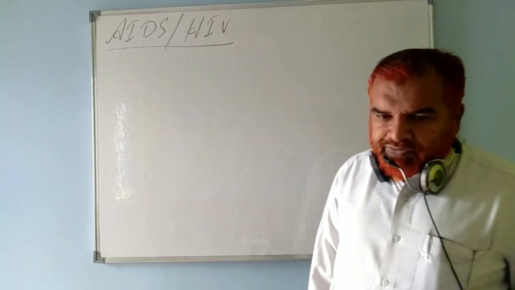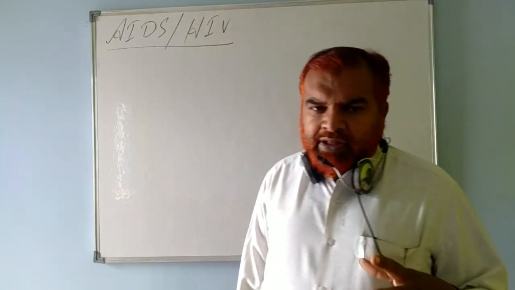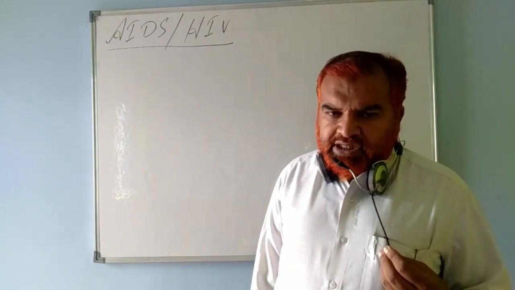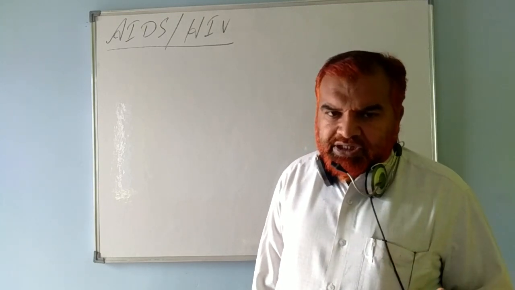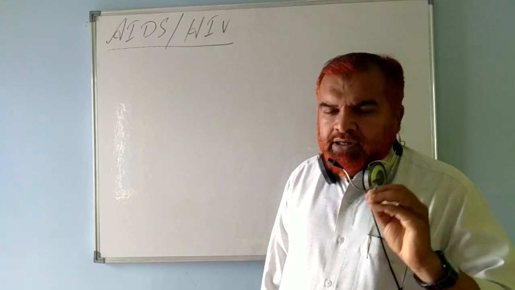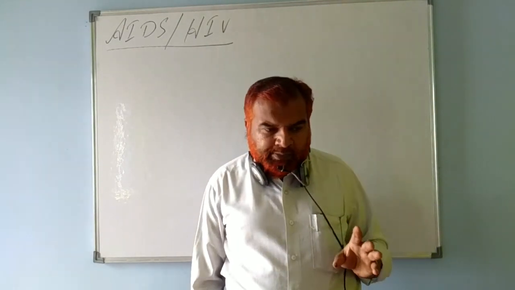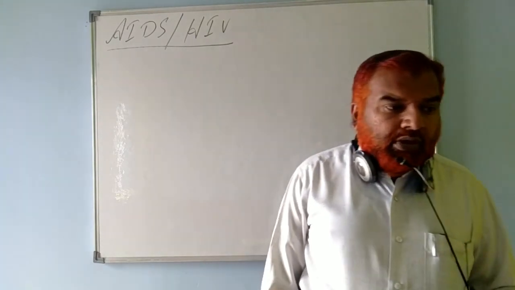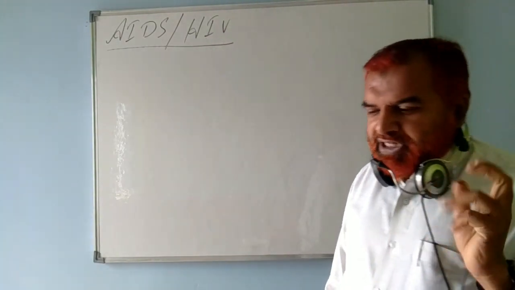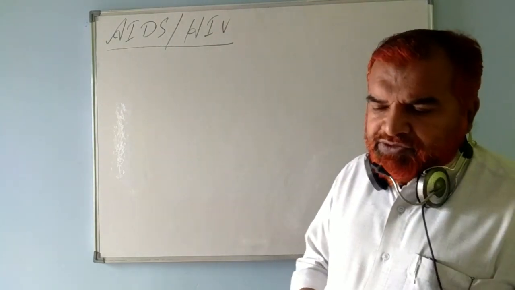Then immunity will be low, and that person will be susceptible to many common diseases like TB, bacterial infections, pneumonia, other fevers, viral infections, fungal infections or protozoan infections. He will be susceptible to all other diseases because his immunity will be low. So modes of transmission we have seen, symptoms we have seen.